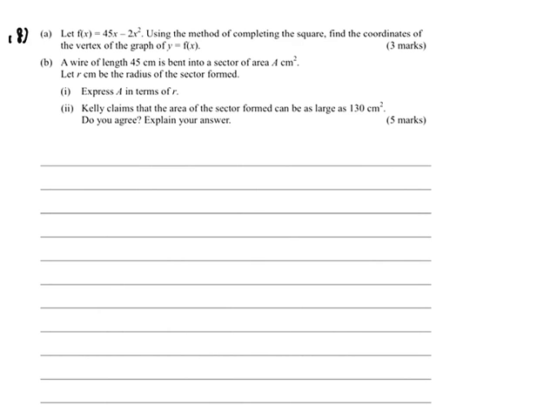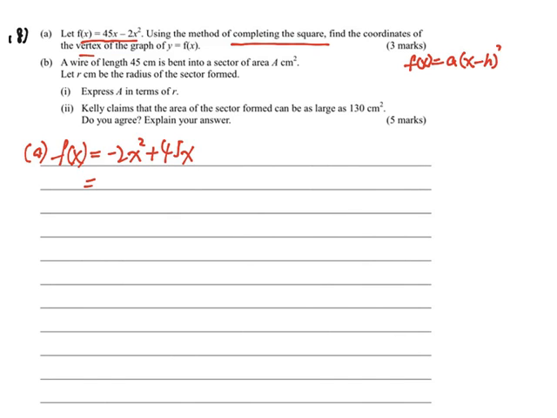Question 18. For part A, you have a function. Use the method of completing the square to find the vertex. So for the function f(x), we can change it into this form, because we need the squared term. Remember, for completing the square, at the end we need to have this format.